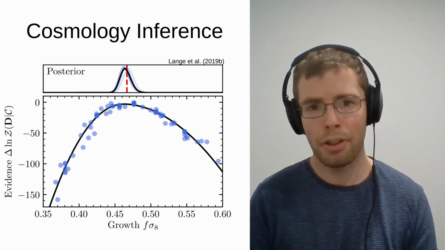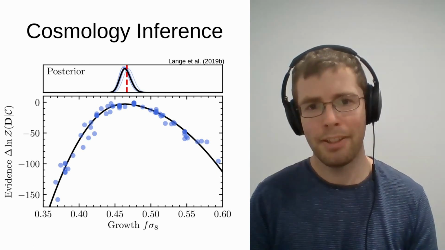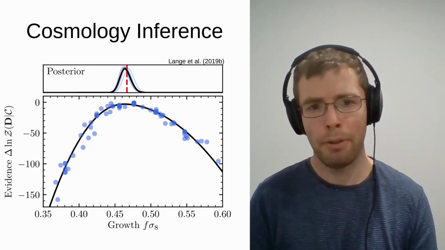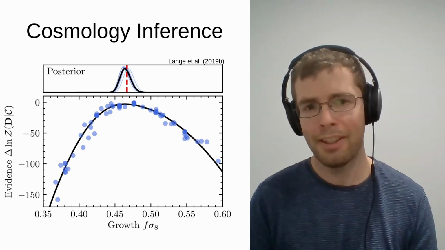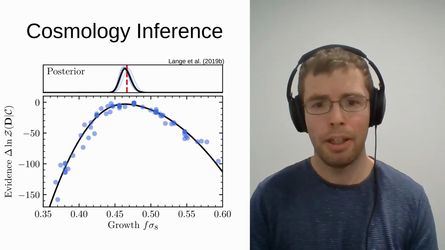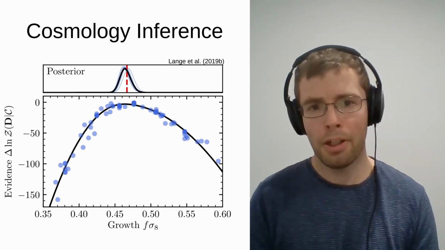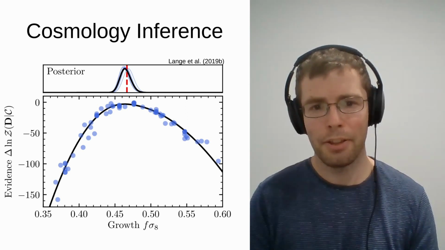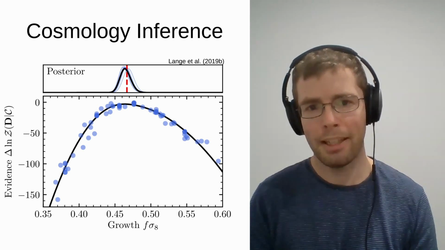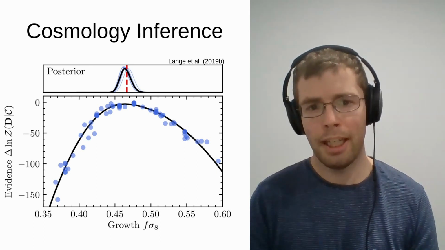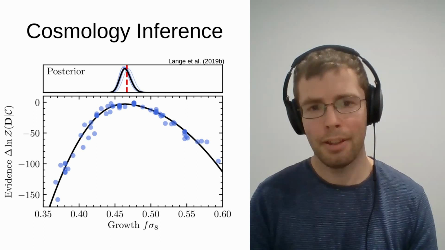You can see a very strong dependence of the likelihood on f sigma 8, such that it peaks at a value of around 0.47, which coincidentally is the f sigma 8 value of the input mock catalog that we're analyzing here. Through all these points, you can see goes a smooth line. That's the black line. That is just a model for how the likelihood depends on f sigma 8.